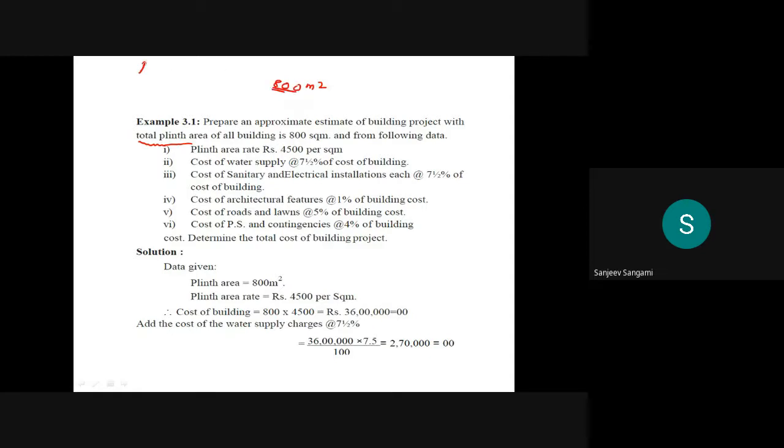So first we'll discuss the plinth area. The plinth area of the building he has given is 800 meter square.